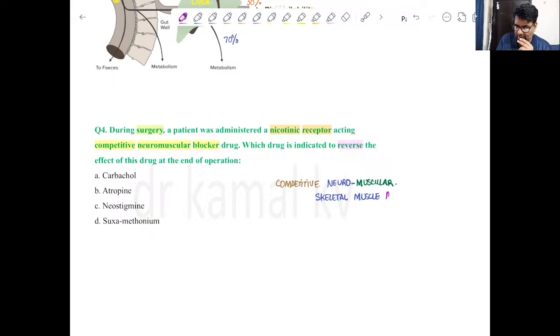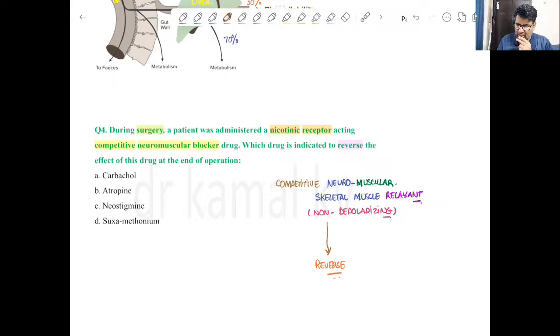And as the name suggests, they are acting on the neuromuscular junction, and these are also known as non-depolarizing. Clear? So when we give these agents, obviously they will help us during the operative process, but once the surgery is over, we have to reverse the effect of these agents.